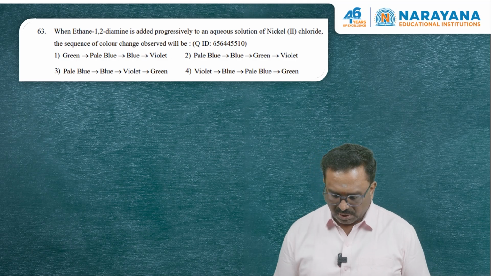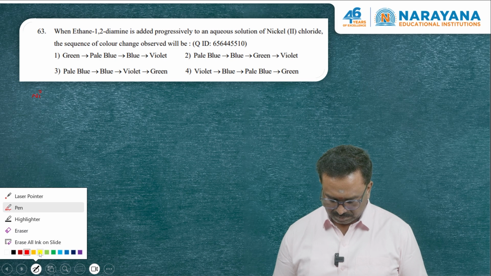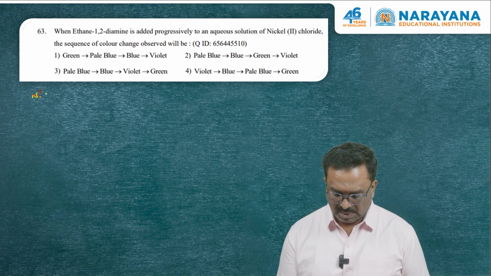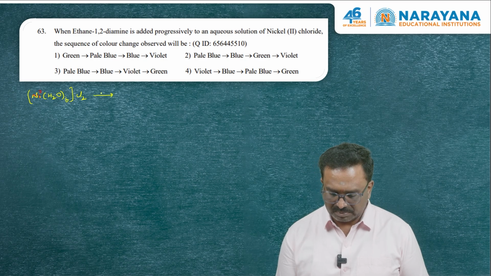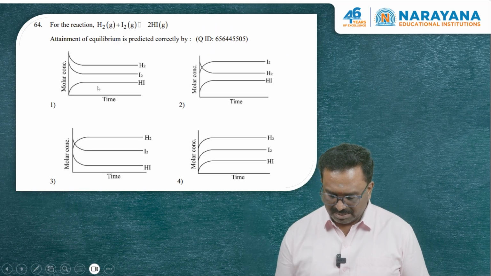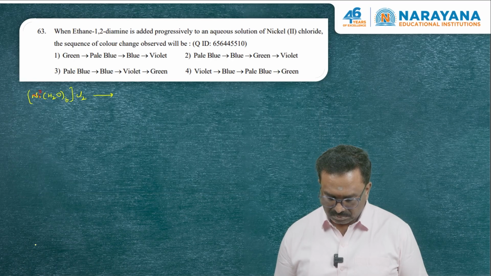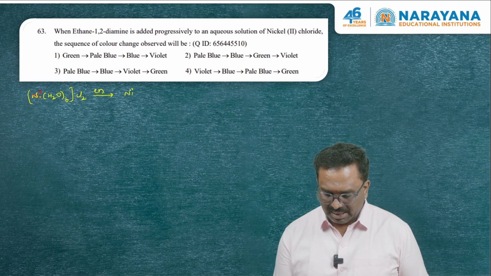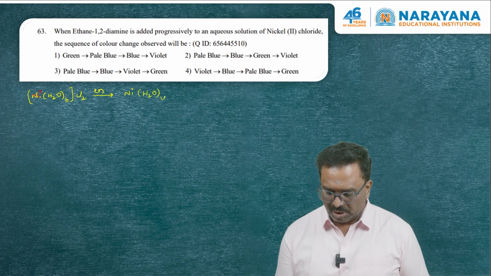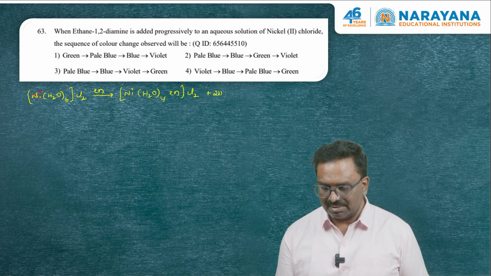So, nickel 2 chloride, if we take, this by the reaction with ethylene diamine, En. Here En replaces two water molecules because En is a bidentate ligand.